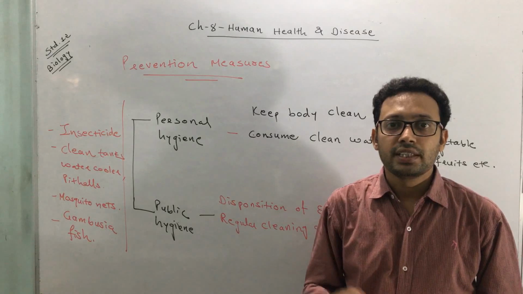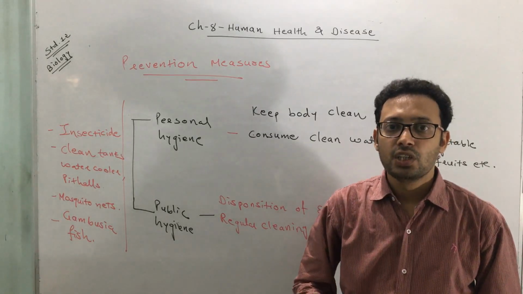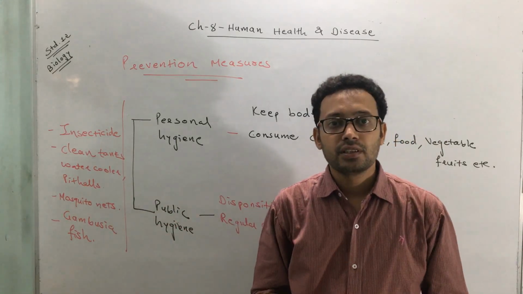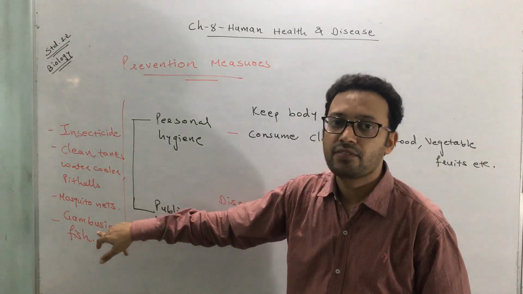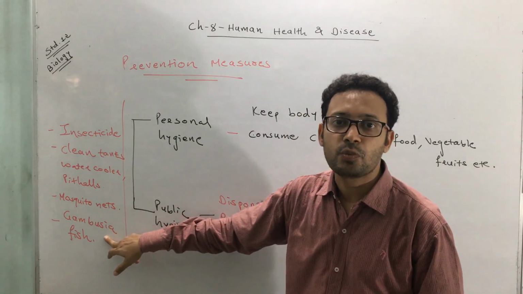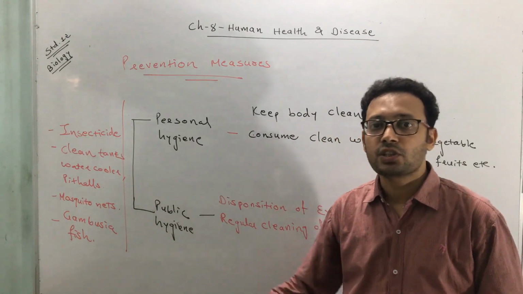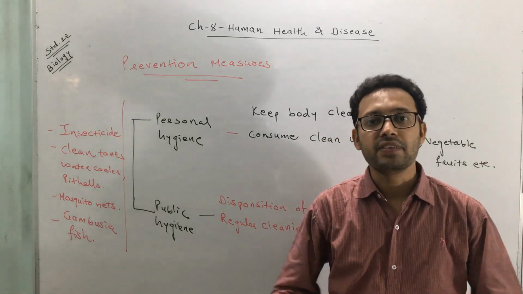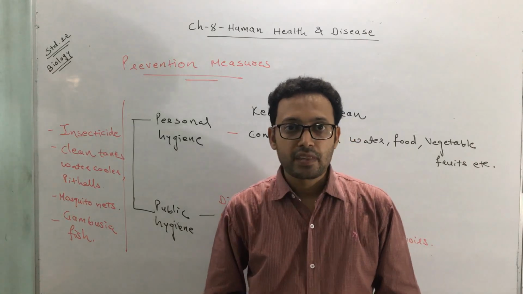This fish eats the larvae or the eggs of mosquito. So the life cycle of the mosquito gets disturbed. Newer mosquitoes don't get produced because the larvae or the eggs of the mosquito are eaten by this fish. The eggs or larvae of mosquito are the food for that fish, so the fish eats them. Okay, and we get protected. So you can control it with the gambusia fish.